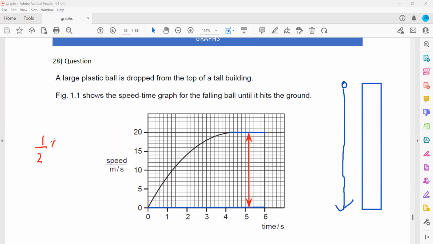So the parallel sides are 6 and this one, which starts at 4.1 and ends at 6. The distance between them is 20.